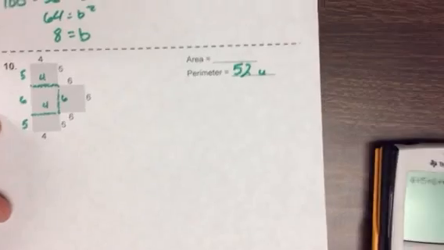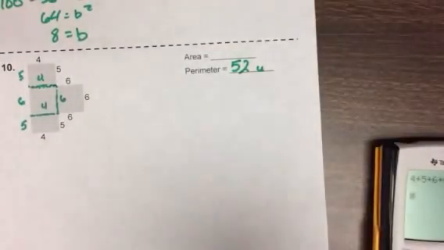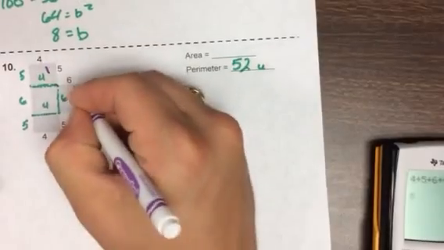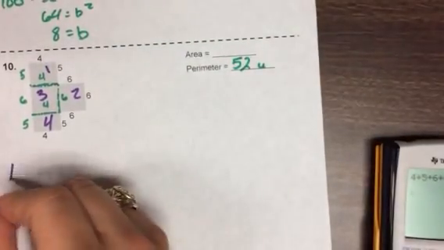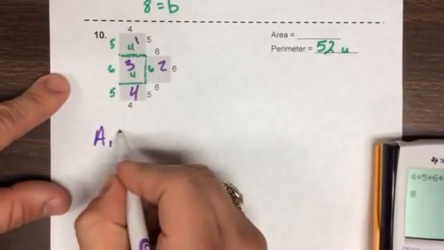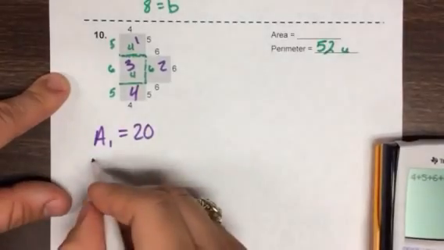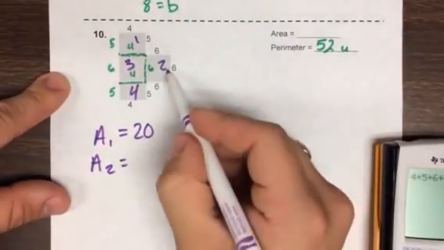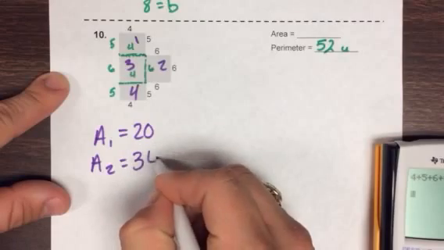So now for the area. I'm going to go ahead and do this in a different color for you. And I'm going to find the area of 1, 2, 3, 4 shapes. So area 1, oops, I'm going to put you back on screen. Area 1 is 5 times 4, which is 20. Area 2 is 6 times 6, which is 36.